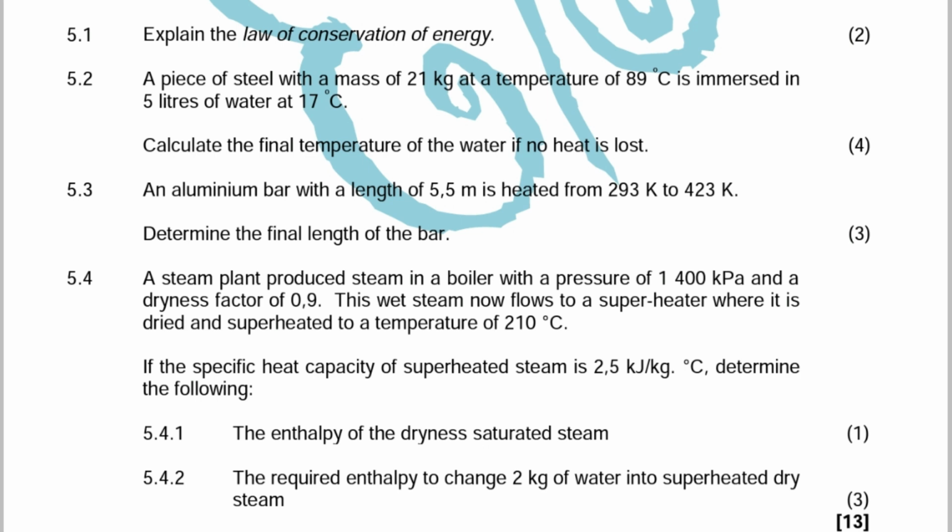5.4 reads as follows. A steam plant produced steam in a boiler with a pressure of 1400 kilopascal and a dryness factor of 0.9. This wet steam now flows to a superheater where it is dried and superheated to a temperature of 210 degrees Celsius. If the specific heat capacity of superheated steam is 2.5 kilojoules per kg degree Celsius, determine the following. 5.4.1, the enthalpy of the dry saturated steam.